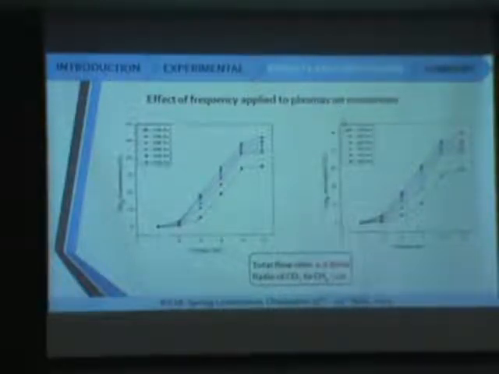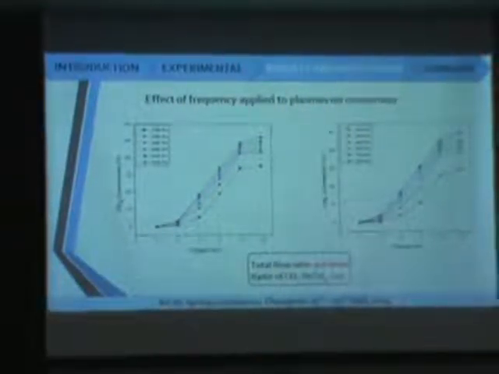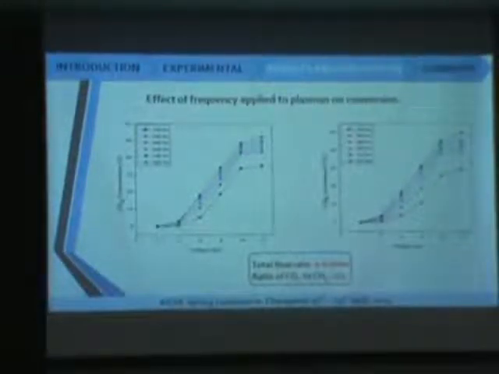In the first case, we look at the effects of frequency applied to the plasma, and this figure shows the conversion of carbon dioxide and methane.